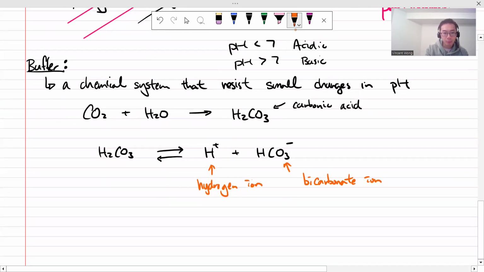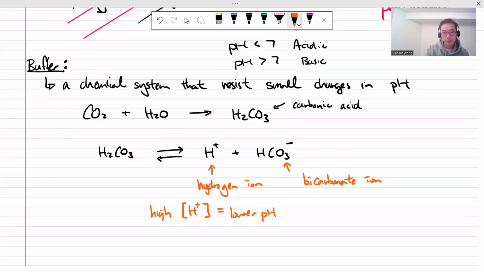Hydrogen ion: the more you have, the higher the H plus concentration, which equals a lower pH, which means more acidic. On the other hand, a low concentration of H plus means a higher pH, which means more basic.